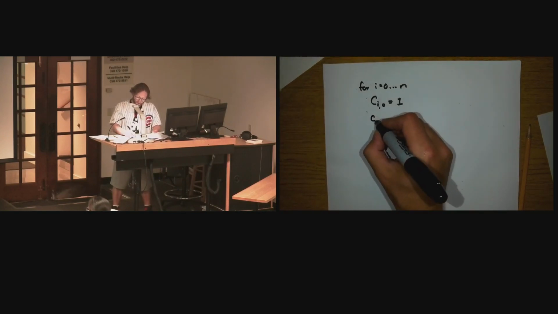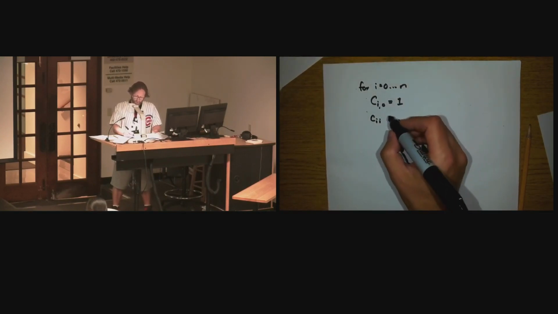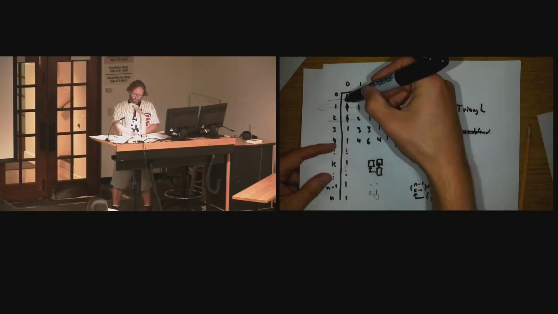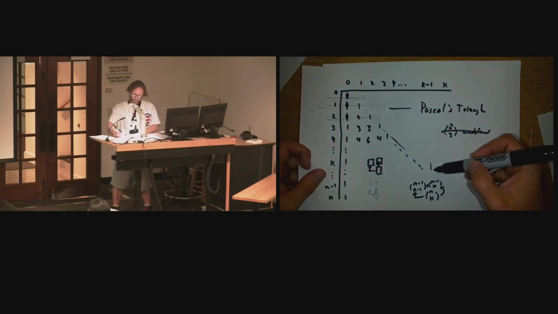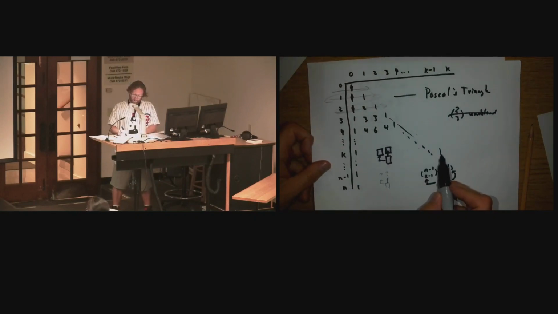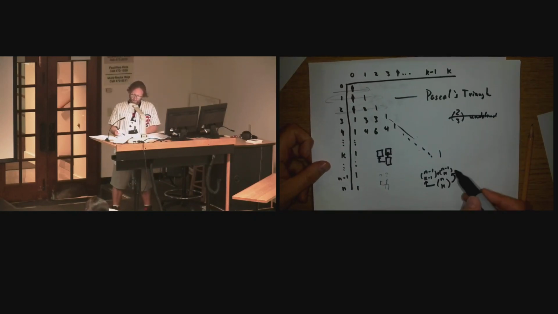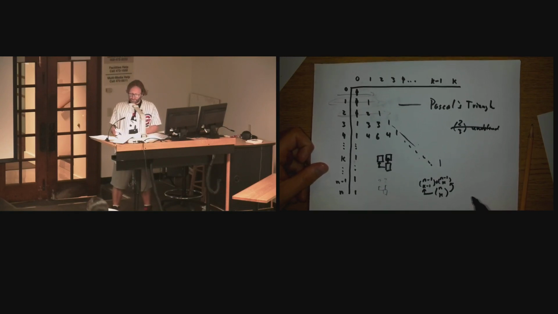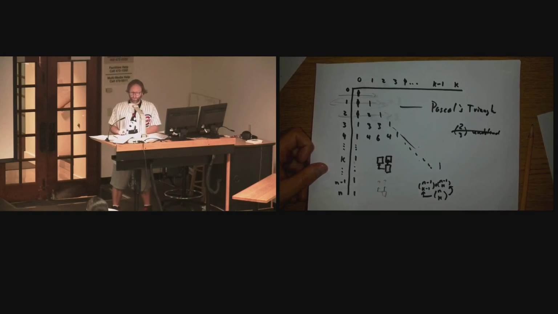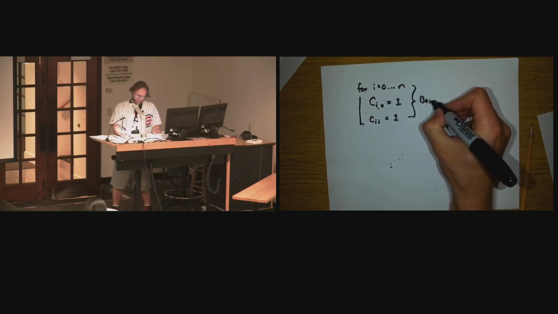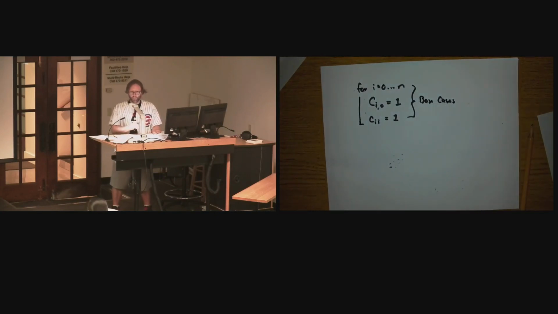And then I'm also going to set C sub i i, C for choose. You could use binomial. You do need to be careful here because once you get over here, if it doesn't matter that you end up with entries that you're not going to use, then that's okay. This is an initialization. These are the base cases. And in the notes, by the way, I do have a more formal version of this.